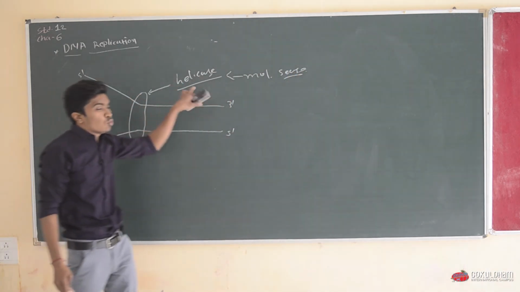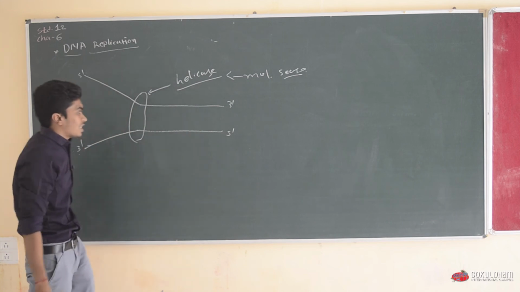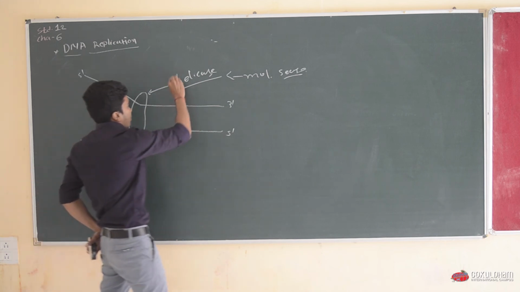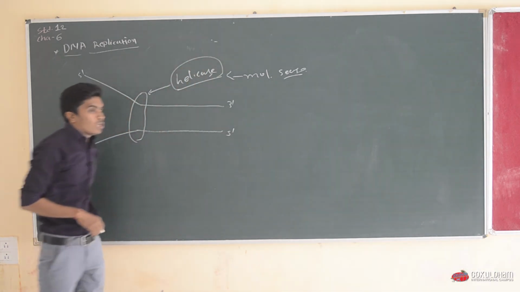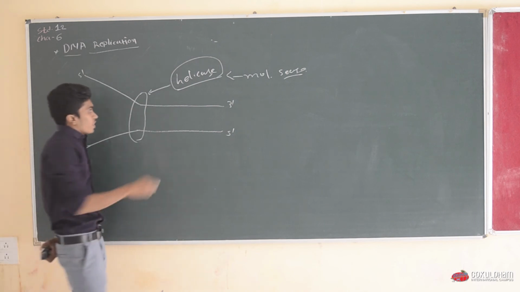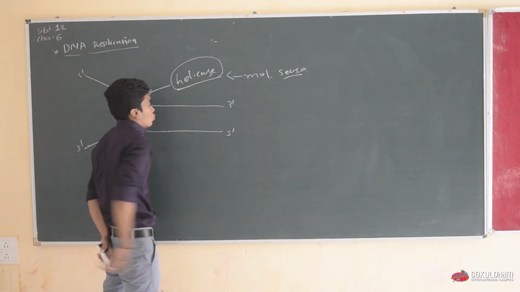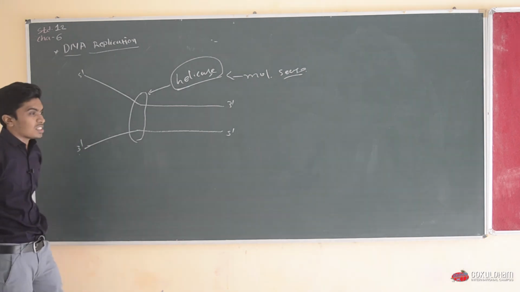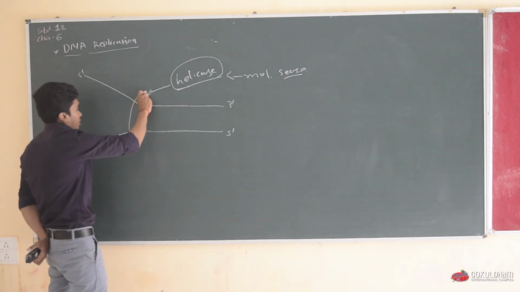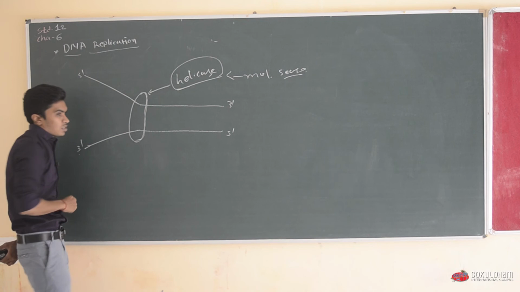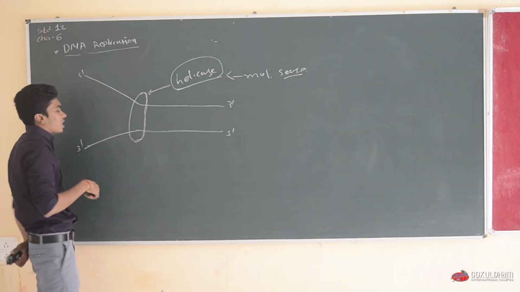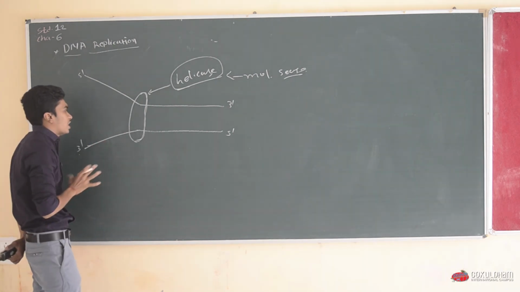Which kind of enzyme is known as a molecular scissor? That can be asked in exam. So helicase is known as molecular scissor because it cuts double stranded DNA into single stranded DNA.